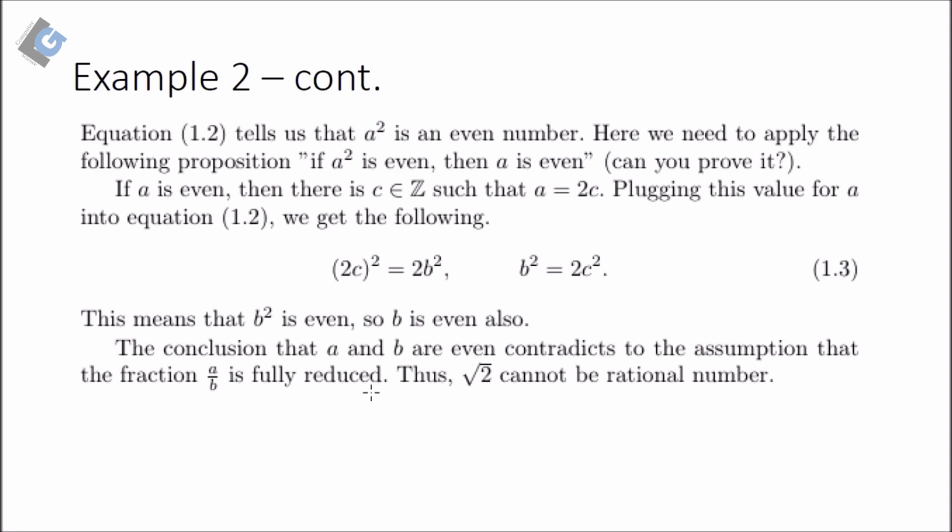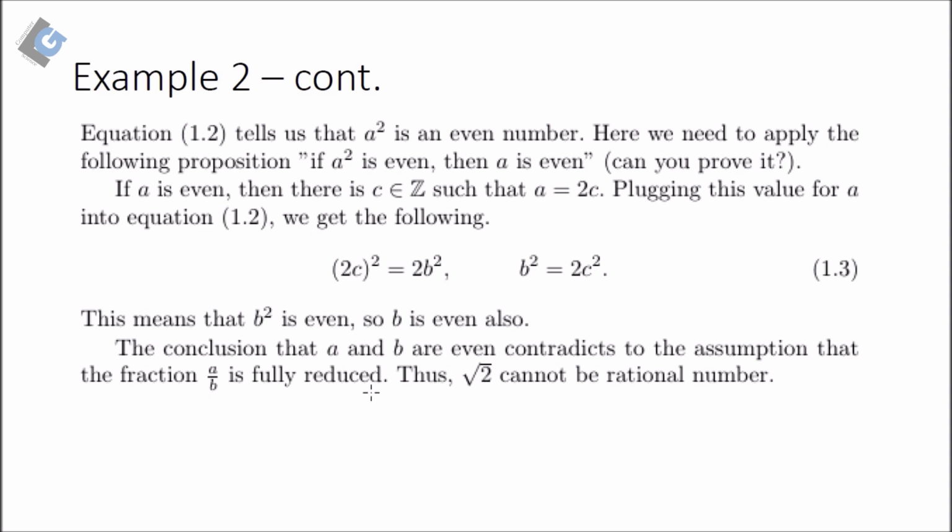So can you prove it? Yes, you can. Just apply the proof by contradiction. It's very easy. 2 steps or 3 steps you can prove it. Okay, so here let us just use the proposition.